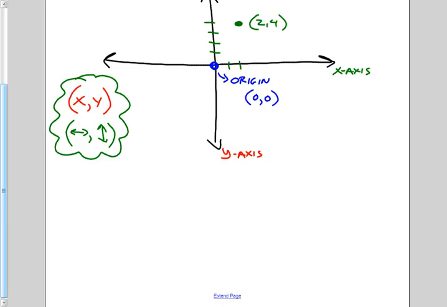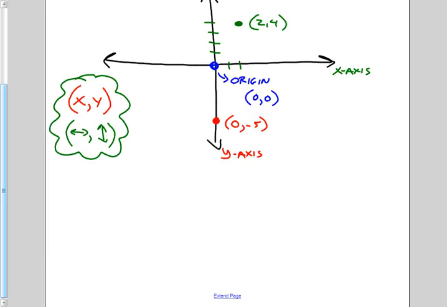We should also know that the y-intercept and x-intercept of a line are the points where they cross the axes. So this would be the point 0, comma, let's say -5, just because it's down. That would be the y-intercept of a line, b equals -5.